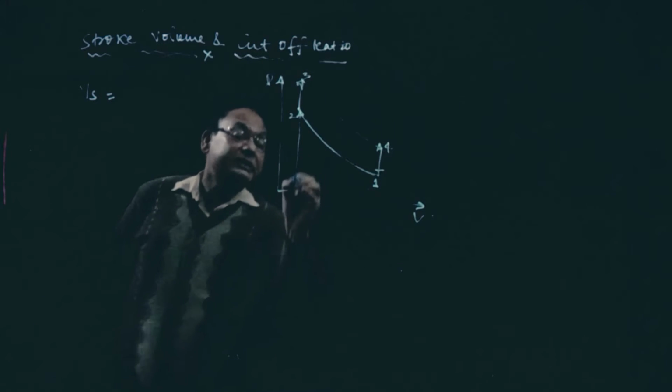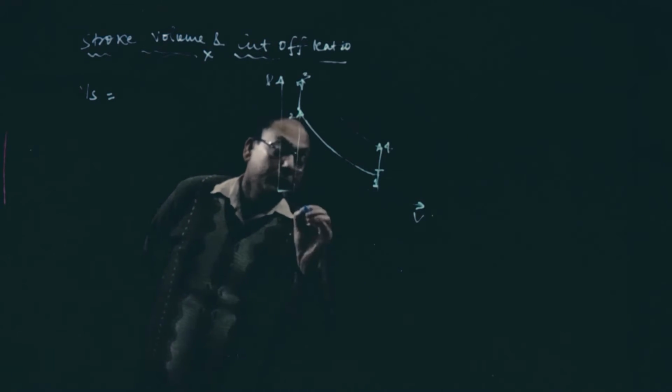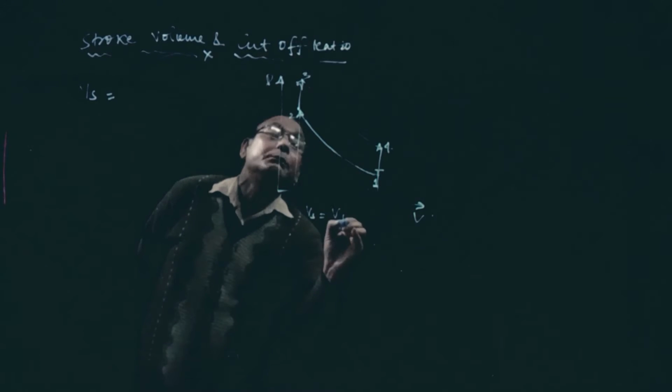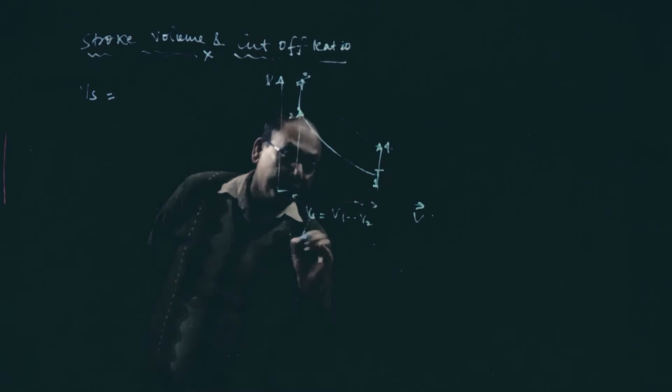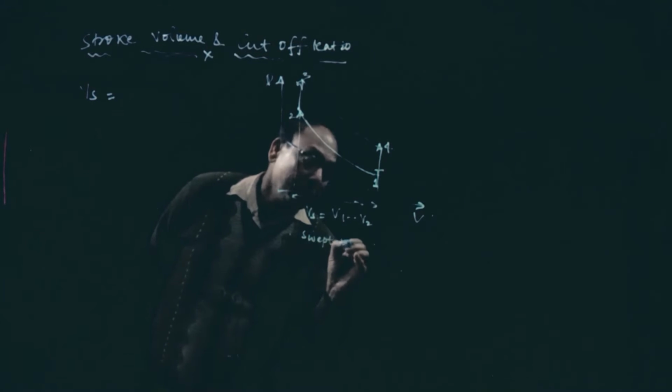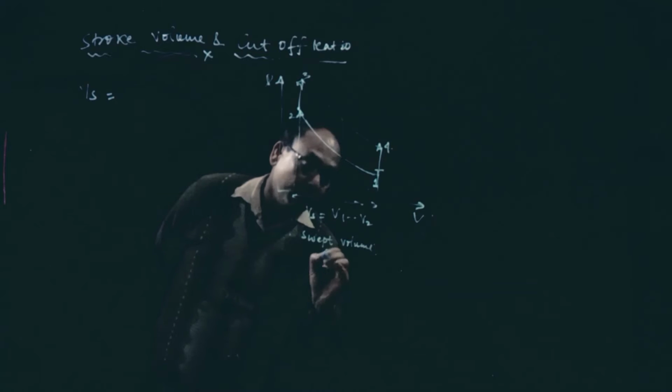Stroke volume means this one. Stroke volume is equal to V1 minus V2. This is also called swept volume or stroke volume.